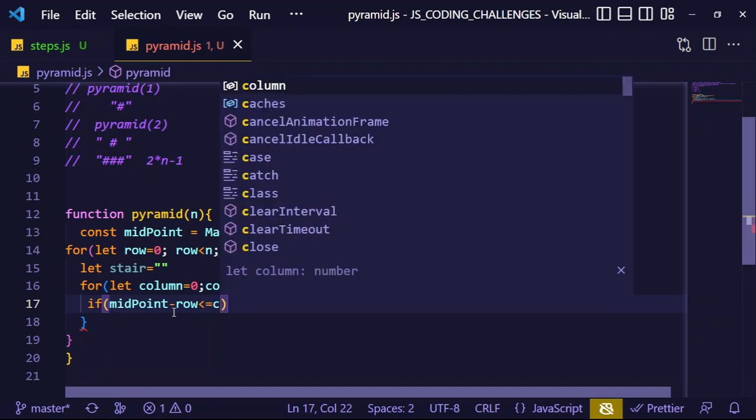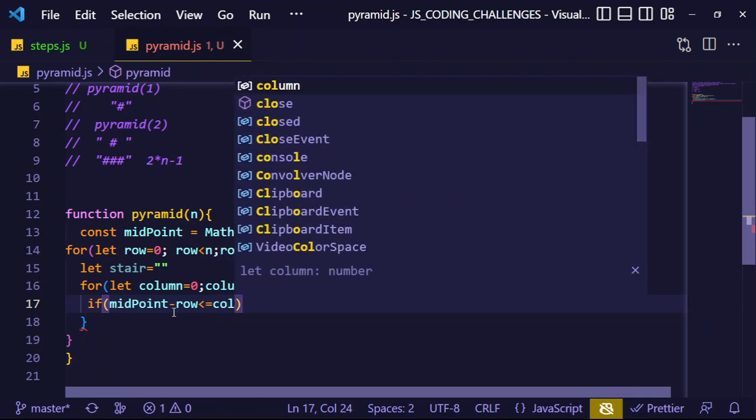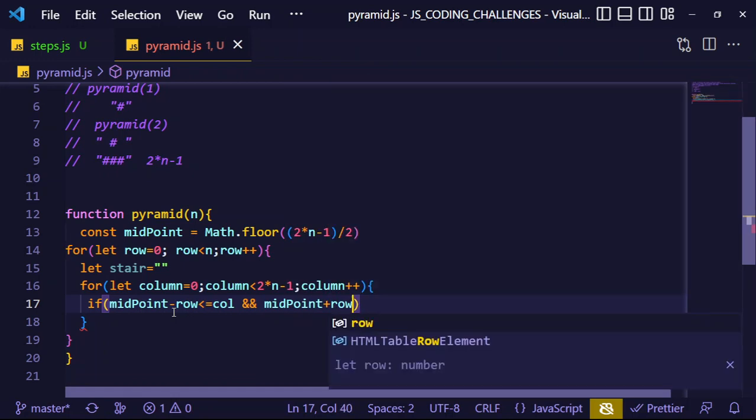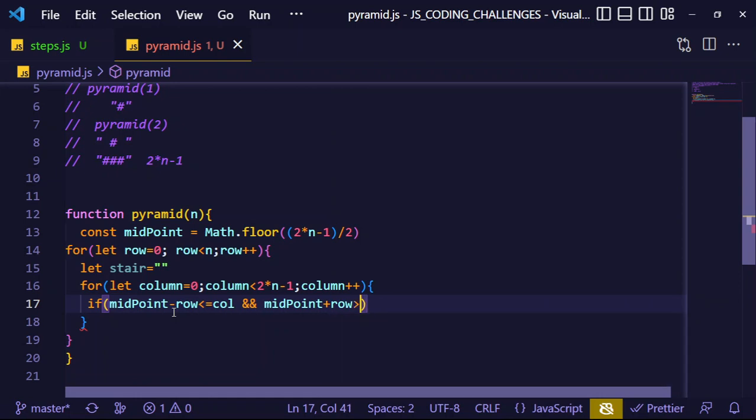Okay, column midpoint plus row greater or equal to row.